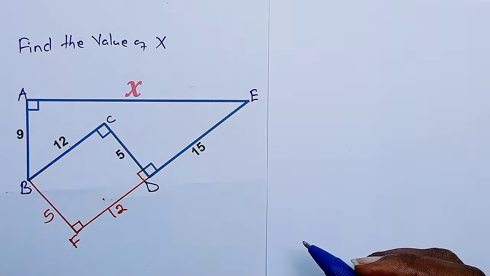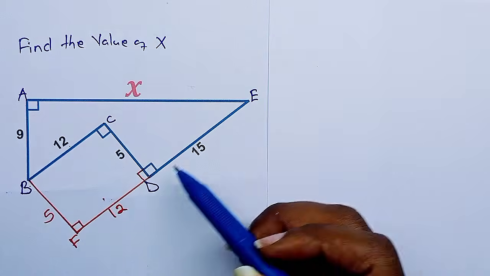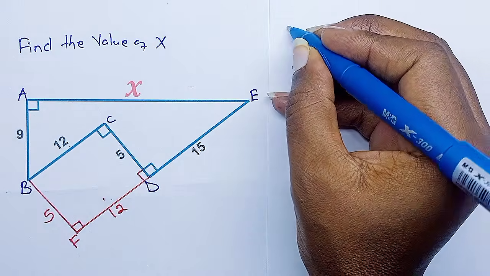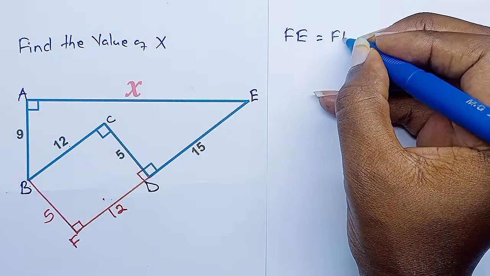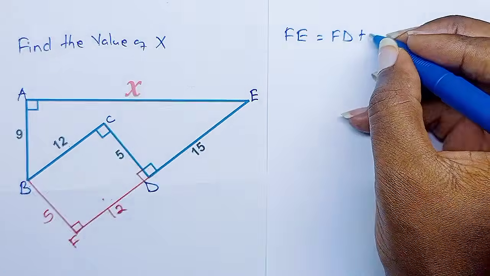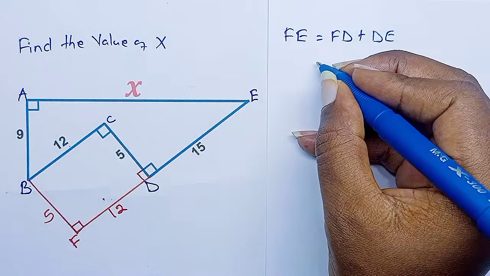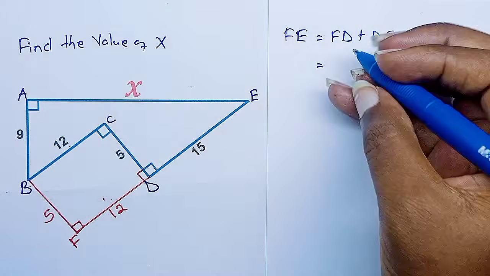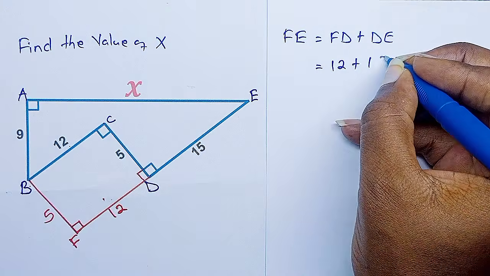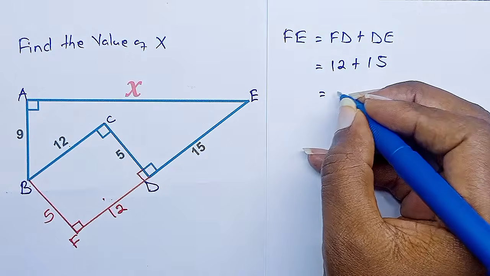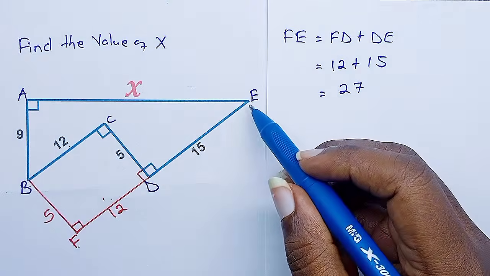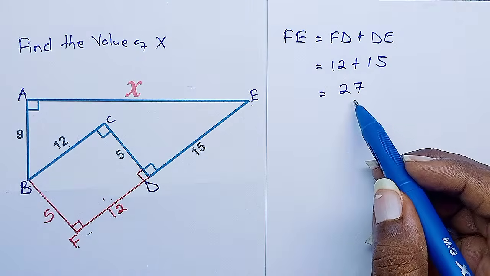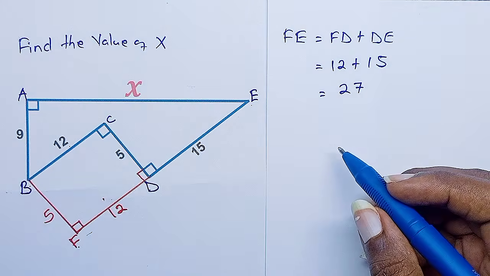Okay? So this implies that this line FE is equal to FD plus DE, which is 12 plus 15, which gives us 27. So from this point F to the point E, the side length is 27.